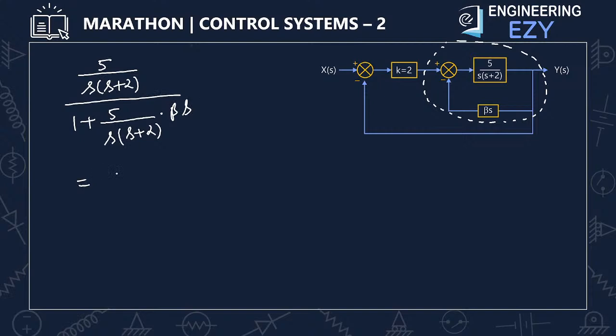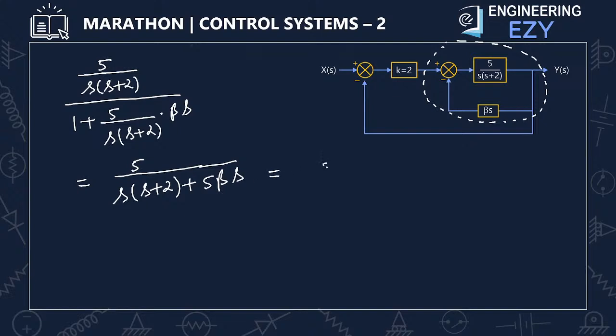If I further simplify, after taking the LCM it cancels out, and I get 5 upon s(s plus 2) plus 5 beta s.